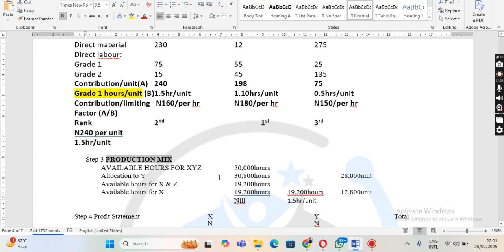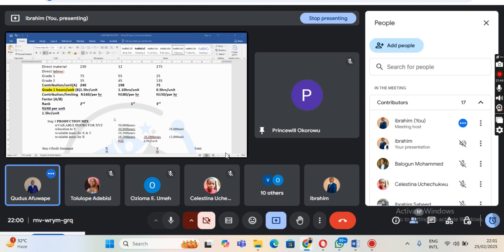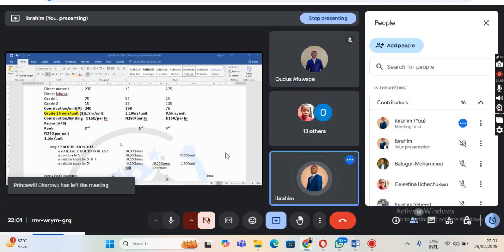Guaranteed means that before you even allocate to Y, a minimum guarantee means you must give this particular customer first before any other product.